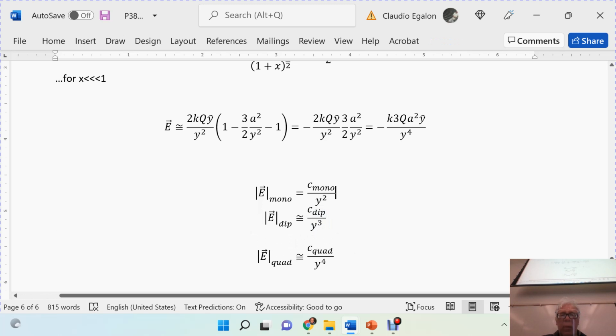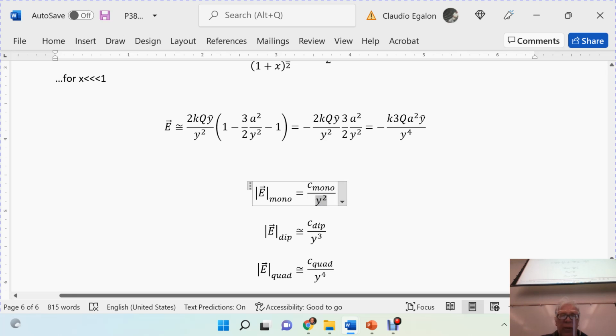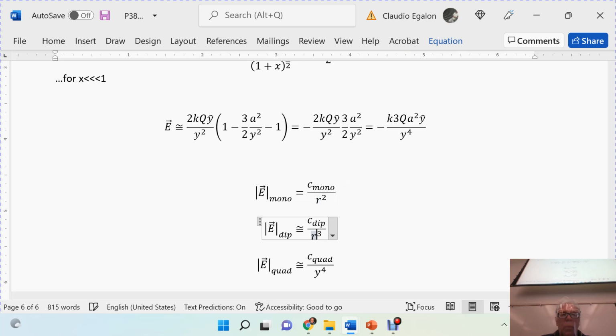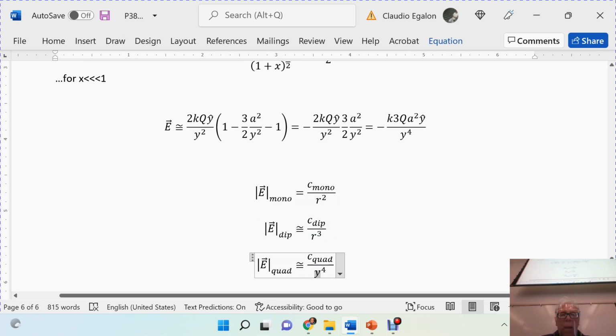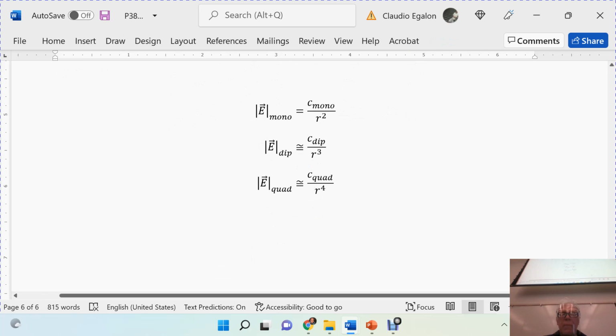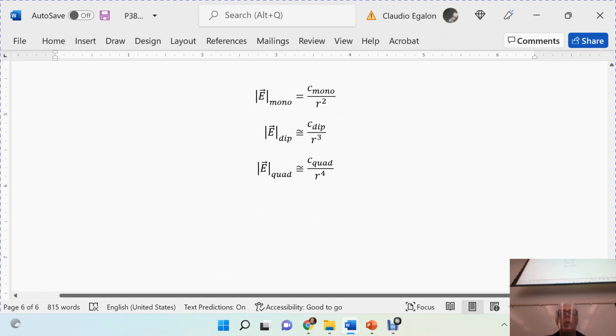This relation applies to the most generic case. And because it applies to the most generic case, I'm gonna even put here r square, the distance square, the distance cube, and the distance to the fourth power. And if you go to the octupole, it's gonna be r to the fifth. Or you go to the next one, it's gonna be r to the sixth, and so on.